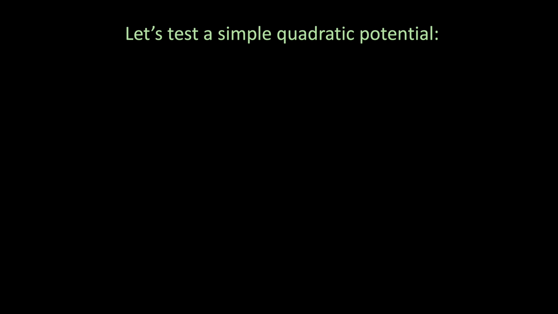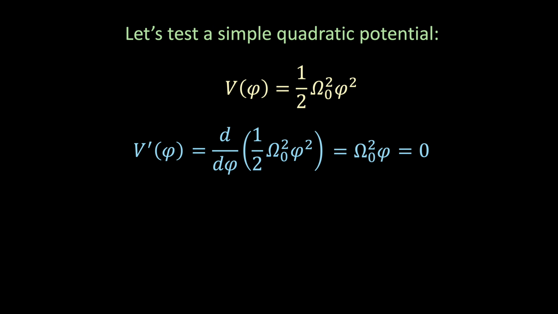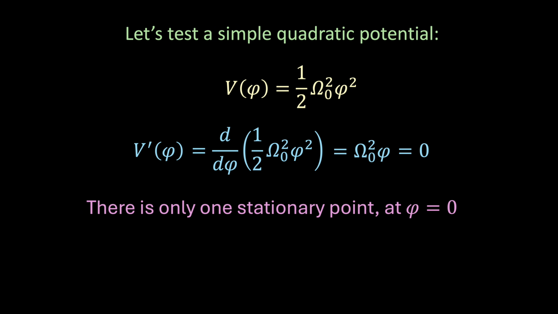Okay, so let's begin by testing a simple quadratic potential like we encountered before, of the form half omega naught squared phi squared. If we then differentiate this function and set the result equal to 0, we see that there is only one stationary point, corresponding to phi equals 0. In other words, with a quadratic potential, phi always wants to rest at 0.